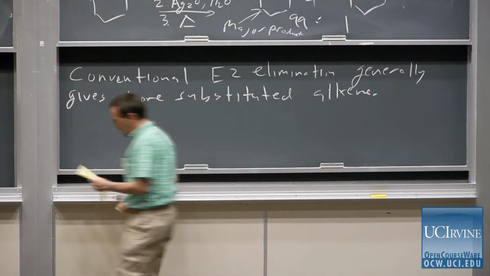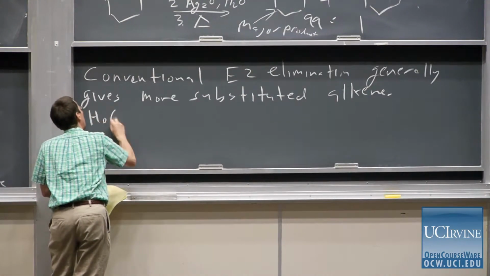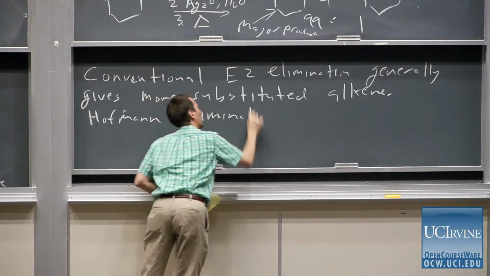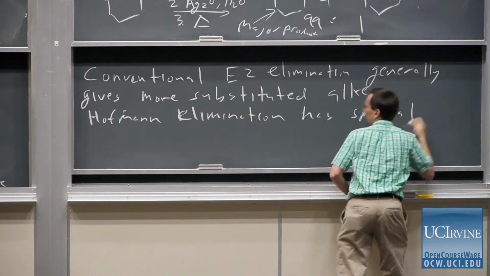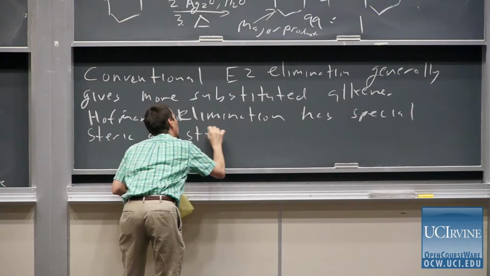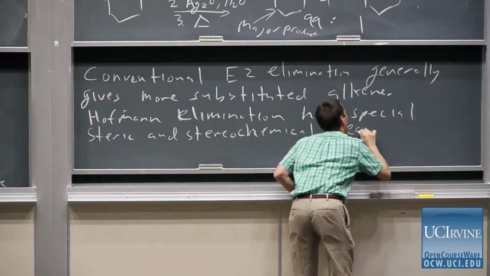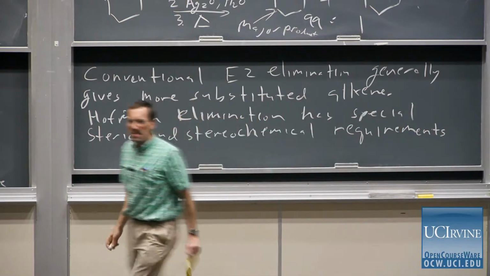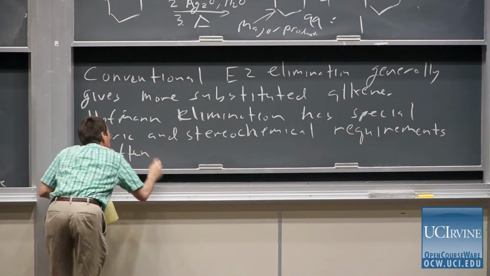And then I'll say the Hofmann elimination has special steric and stereochemical requirements, and that these requirements often lead to the less substituted alkene.